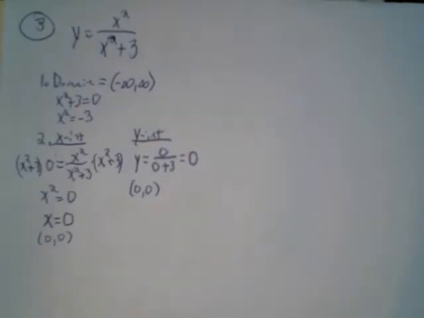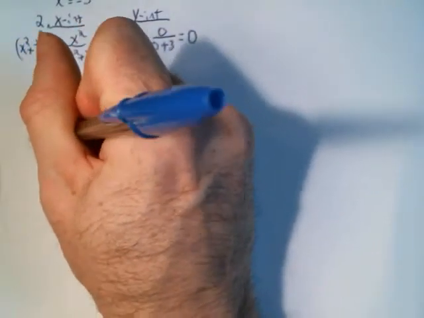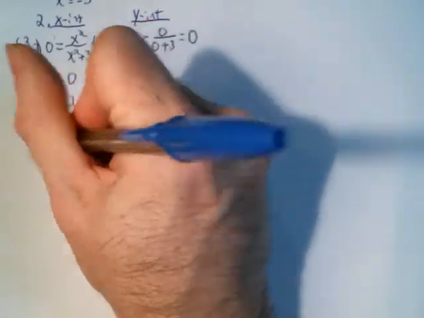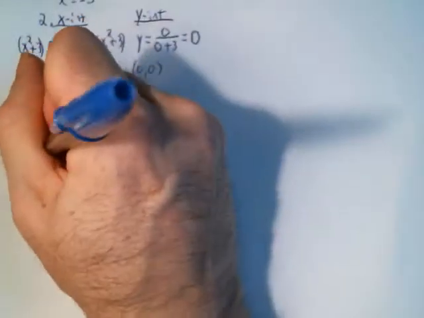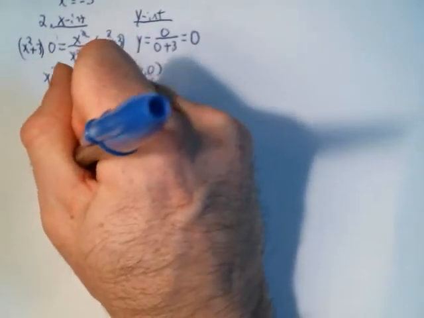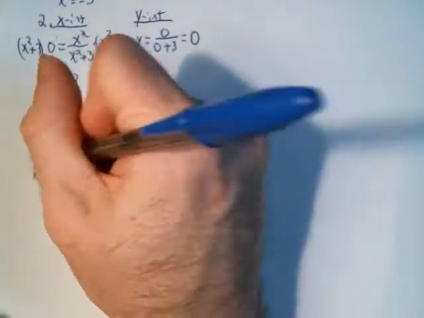Okay. Let's go after the asymptotes. So the horizontal asymptotes are from the limits. So you take the limit of this expression, x squared over x squared plus 3, as it goes to positive or negative infinity.